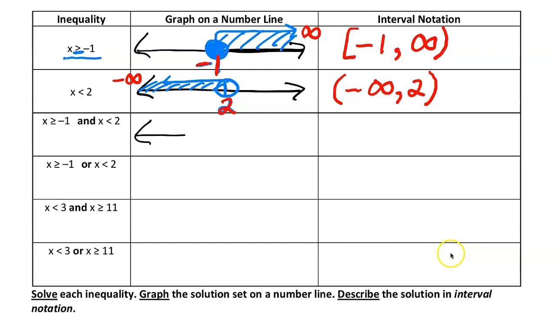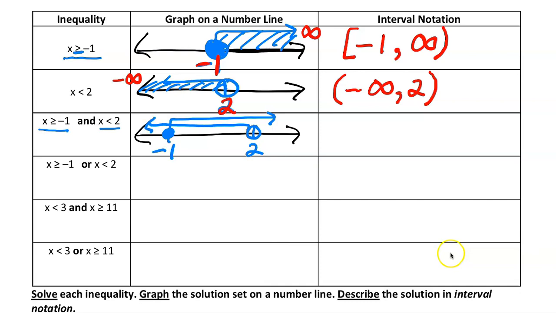If we have a compound inequality, we're going to have two numbers. We have greater than or equal to -1, here's -1, less than 2, here's 2. Greater than or equal to -1 is this way, and then less than 2 is an open circle and this way. Since it's an "and," we want the intersection.